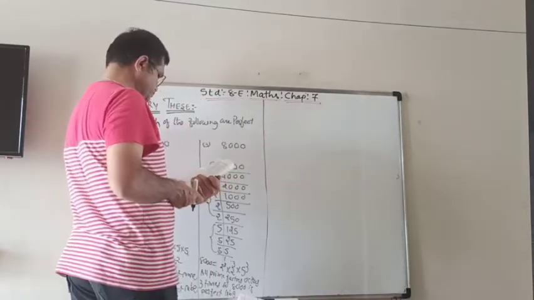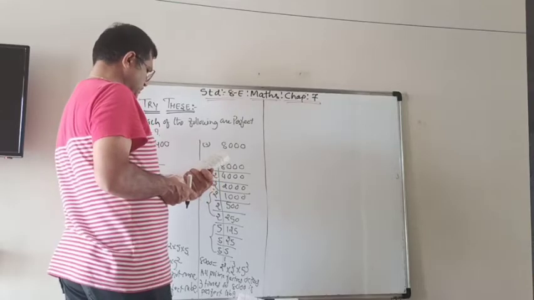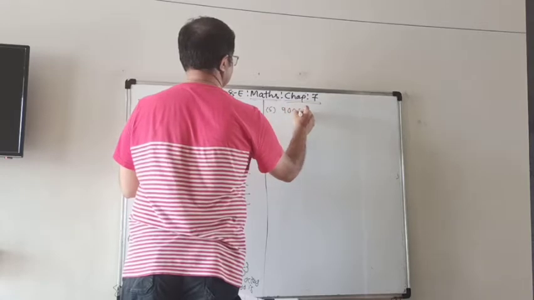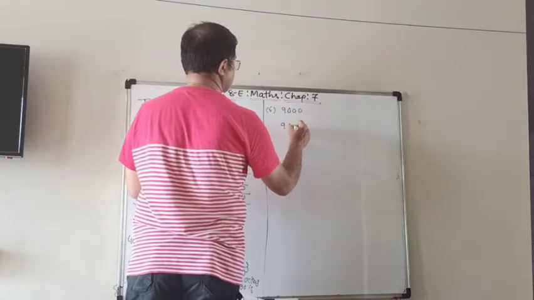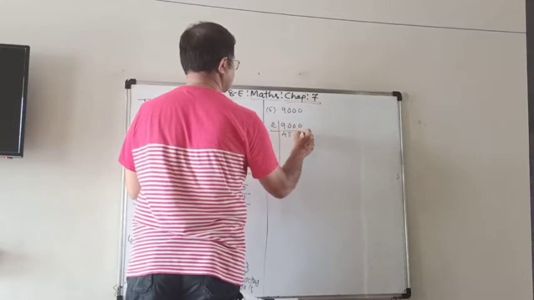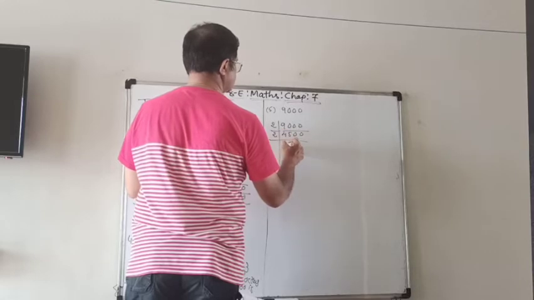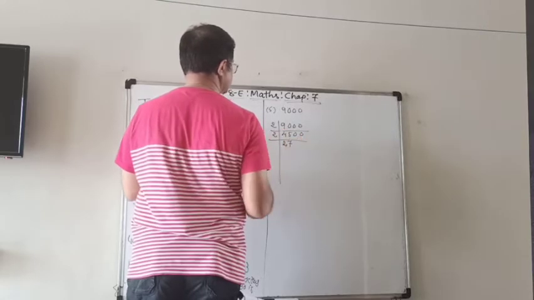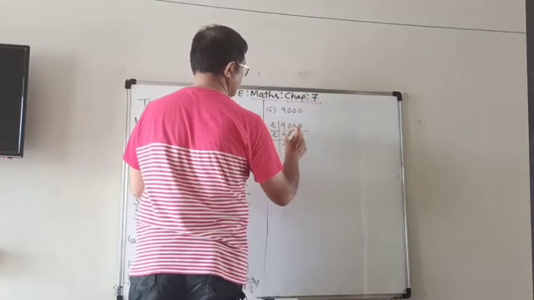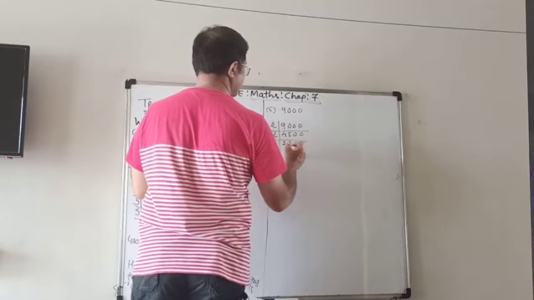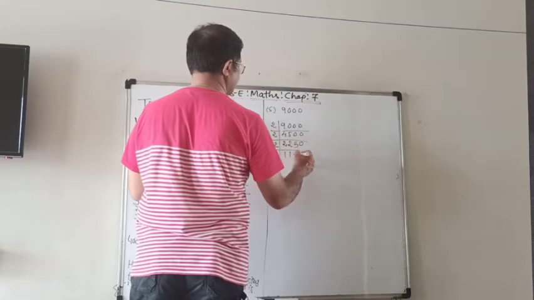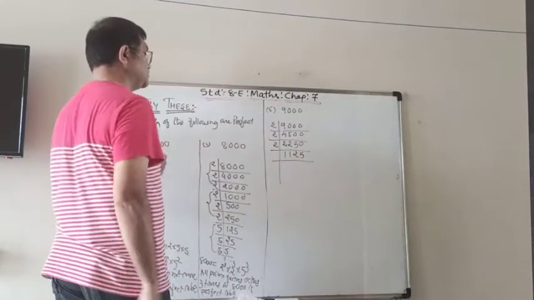Let's take another one. Take 9,000. So 9,000, 45 2s are 90, 2 2s are 4, 2 5s are 10 and a 0. Now it is not divisible by 2.